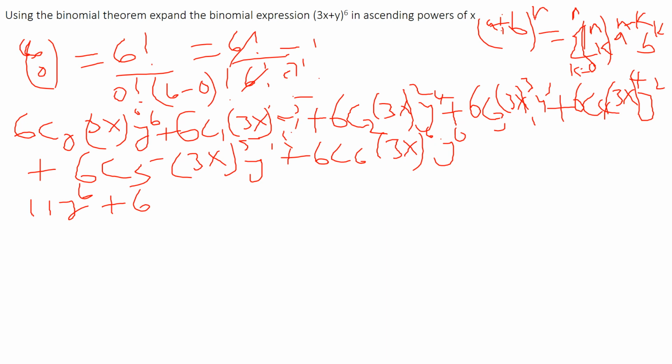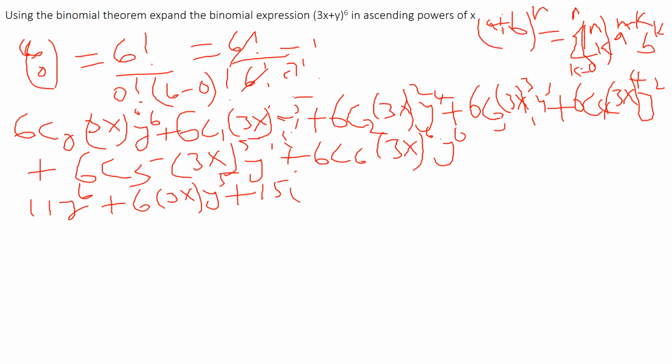Then 3x raised to power 1 is still 3x. Then we have y raised to power 5, and then plus the second value we have 6 choose 2, and 6 choose 2 will give us 15.